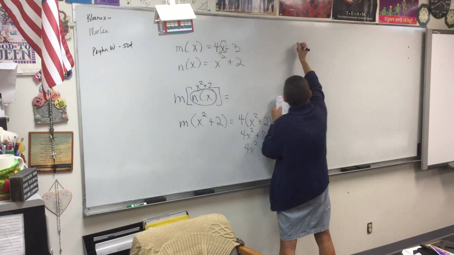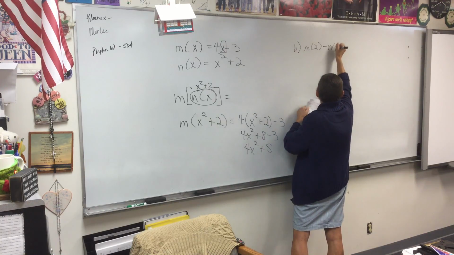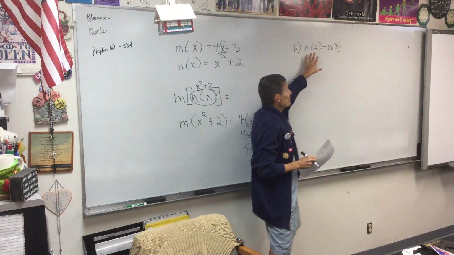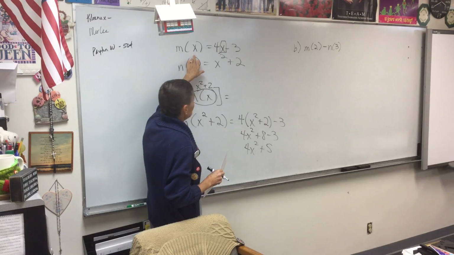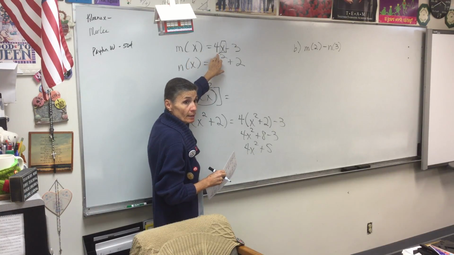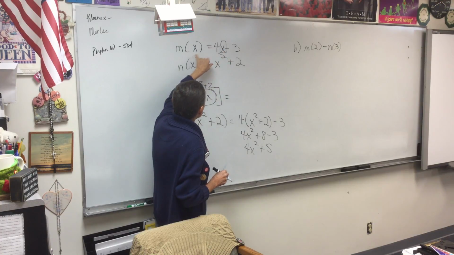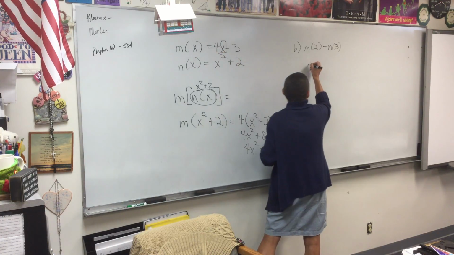All right? B, m of 2 minus n of 3. Okay, this is a 2-part problem. How do we find m of 2? Plug 2 into m, into the x part of m. So what do we get if we put in 2? 5. So this is 5.